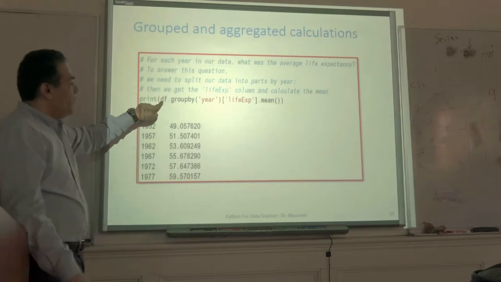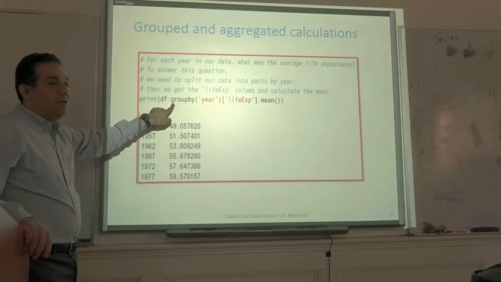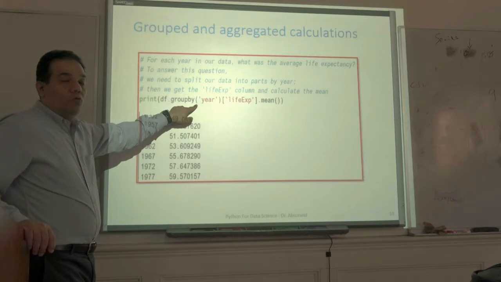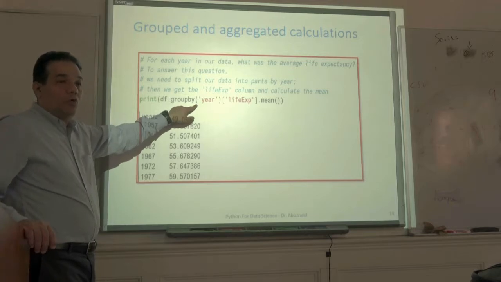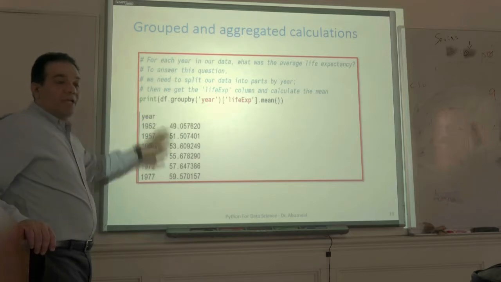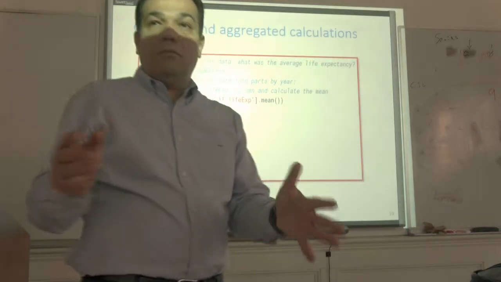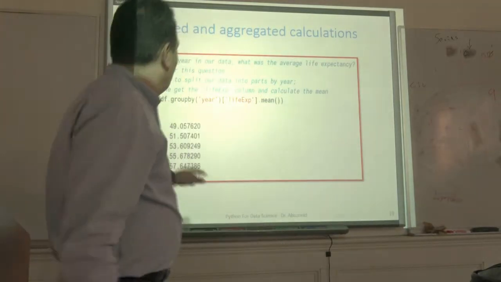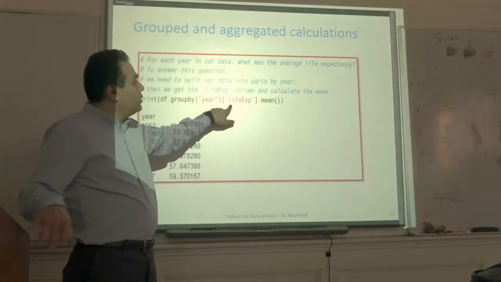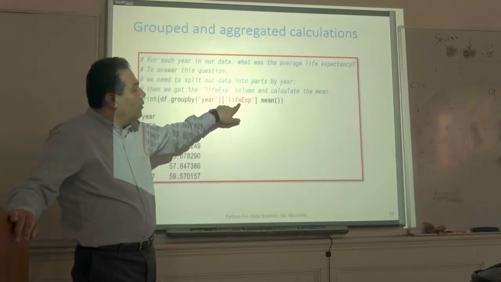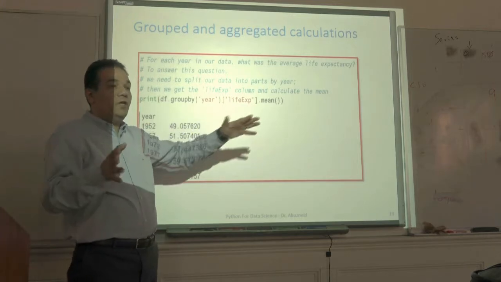So the data frame we have to group it by year. So what we do first, we group by year. Depending on how many years I have in the database, I have how many groups, right? So group by the year, then I subset by the life expectancy. So I group every year together.